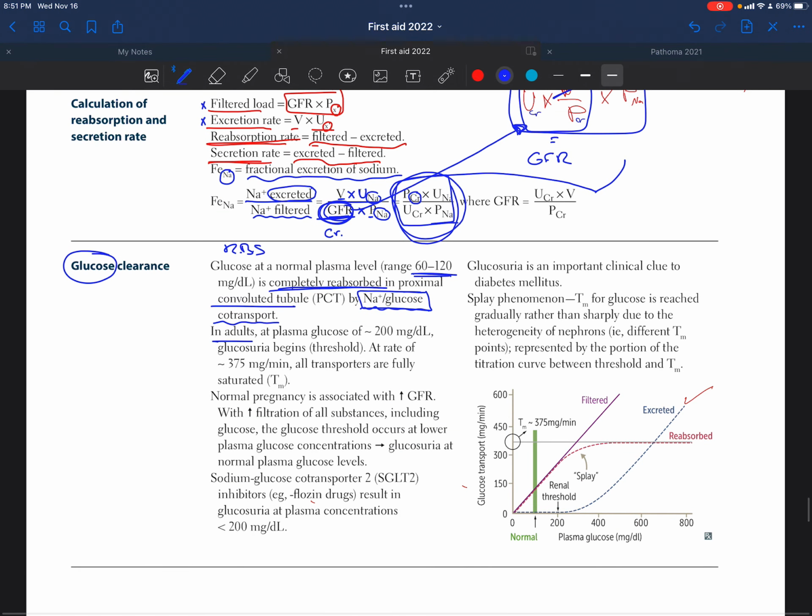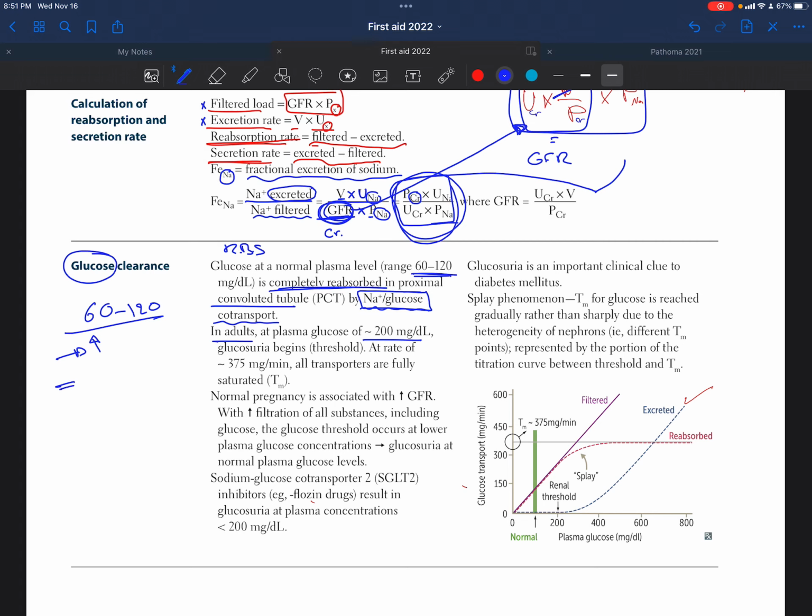In adults, at plasma glucose of 200. Okay, so when the plasma glucose is normal, that is 60 to 120, we are definitely absorbing all of the glucose that is being filtered. So if you check the urine, you don't see any glucose at all, okay? But then let's say this person has now become pre-diabetic or started to become diabetic or has any problem that is causing their blood sugar to rise.